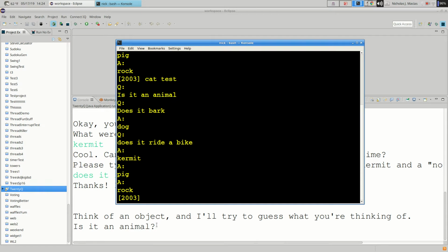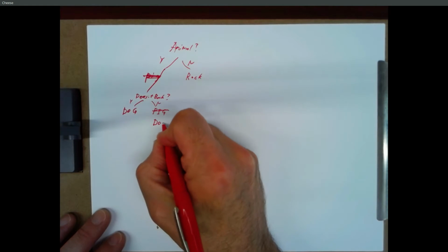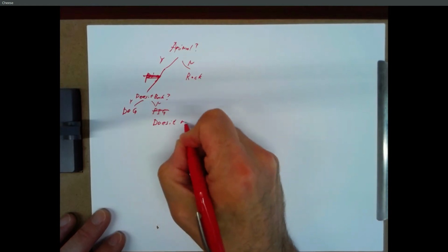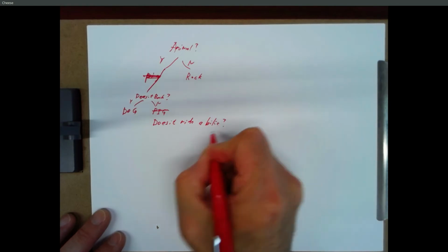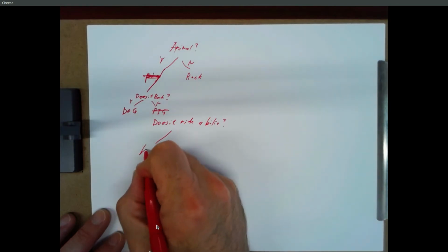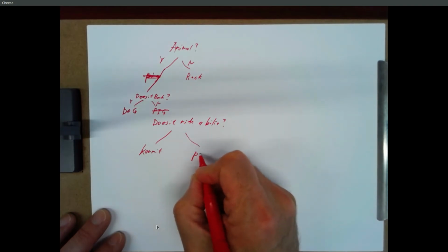I'm going to give you a much easier way to create this file and ultimately to ingest it. So our pig got replaced by a question, does it ride a bike? And yes is a Kermit, and no is a pig.